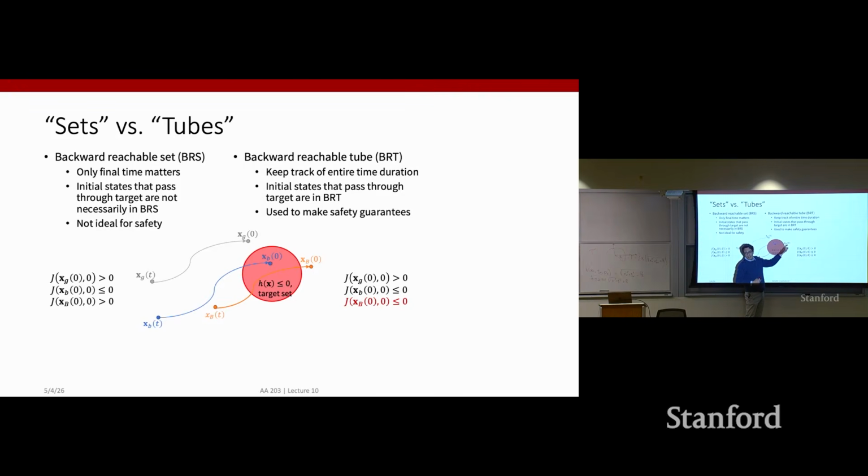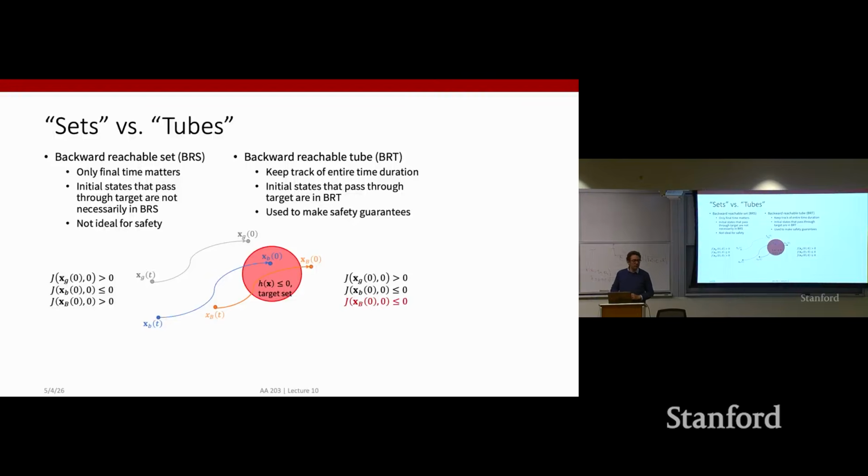Well, I mean, it's safe for the endpoint, but there was a portion of time where you were in the danger zone. Maybe this is a zone where you were too close to another aircraft, so you might have had a near miss. So the question then is, how do we make sure that we protect the full trajectory from being inside an avoidance set, as opposed to just the endpoint?